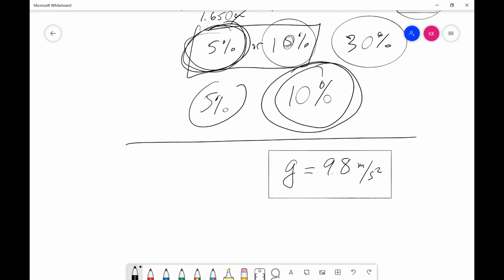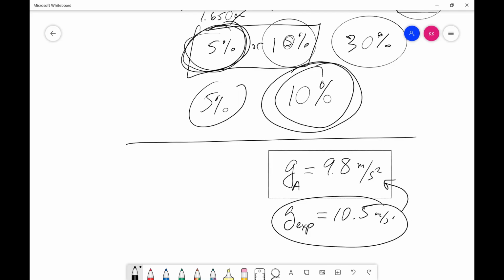G is equal to 9.8 meters per second squared. That means objects accelerate due to free fall at this rate. That means this will be the accepted value. And then when you do an experiment, and let's say you find your own experimental gravitational acceleration, maybe you get 10.5 meters per second squared, then you will take this measurement and compare it to the accepted value, that is 9.8.